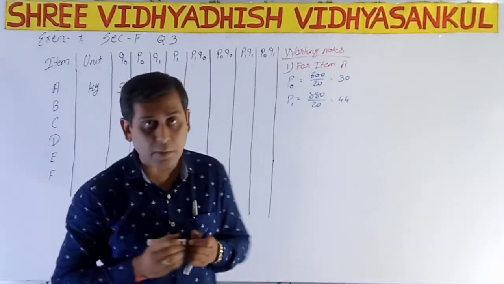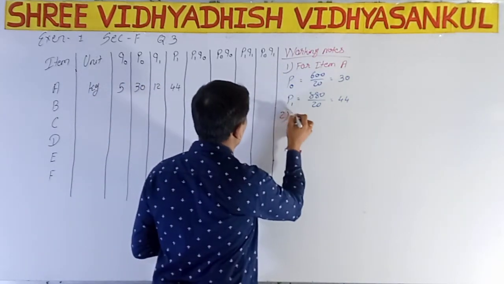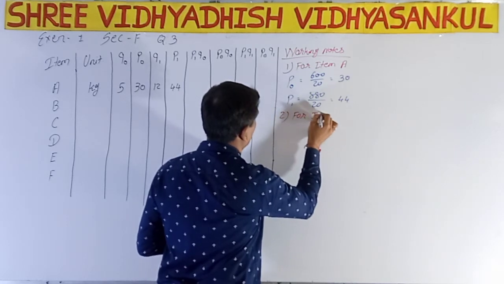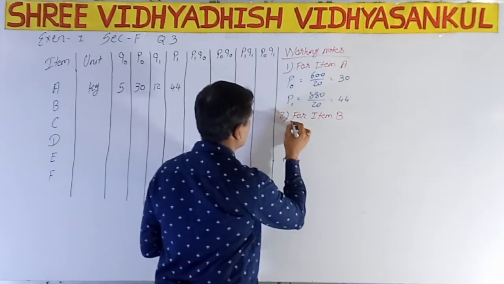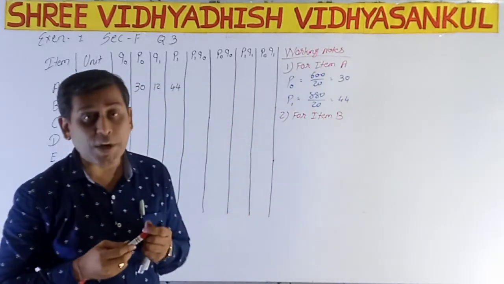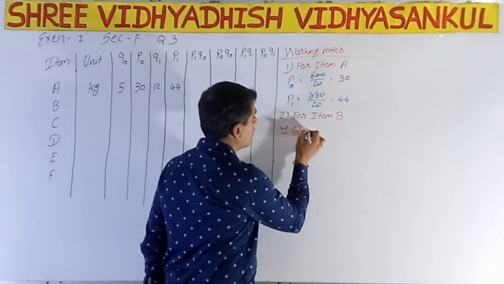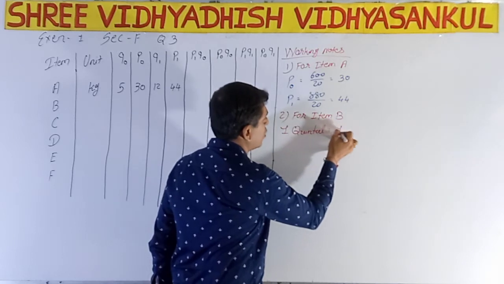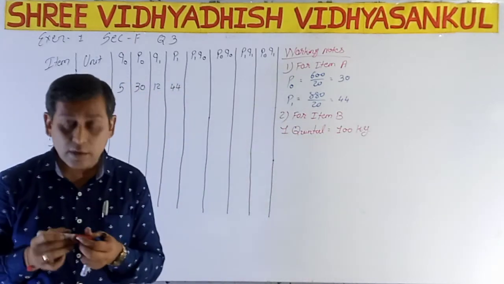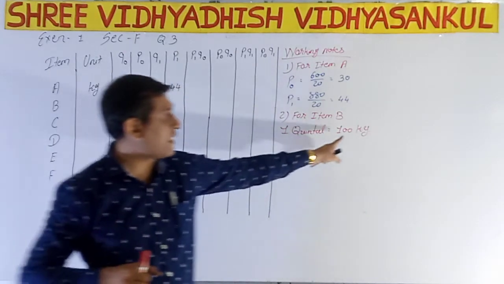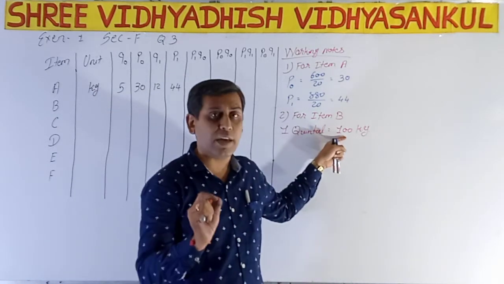Now see item B, the working note for item B. See here, quintal is given, so we have to write that 1 quintal is equal to 100 kg. In the unit column 100 kg is given and in the quantity column kg is given, so here 100 is the extra amount.